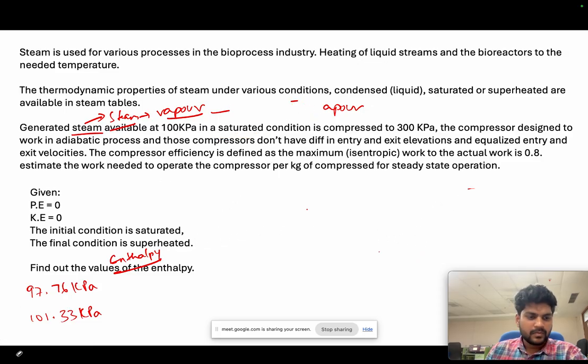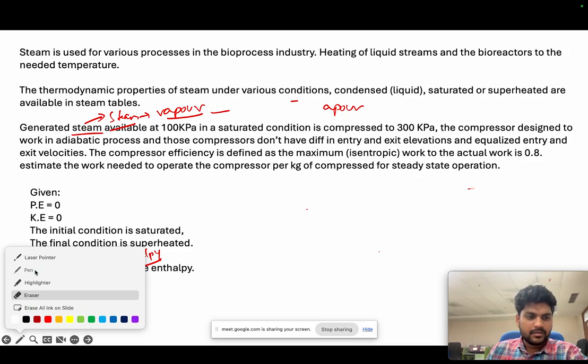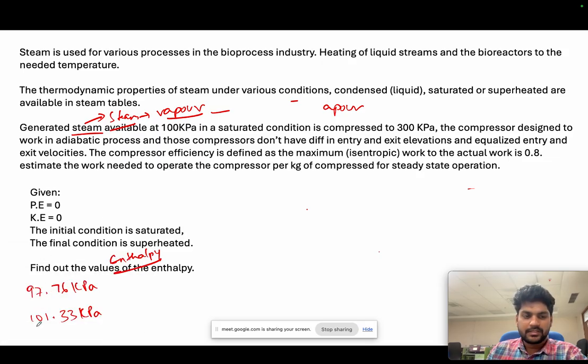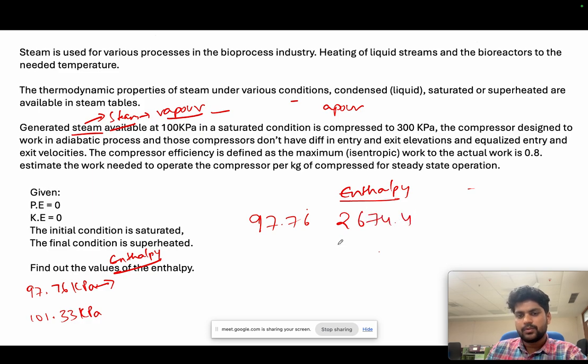Sir, it's 2674.74. One second. For what? 97.76 or 101.33? Which value are you telling? For 97.76, how much is the enthalpy? 2674.4, sir. What about 101.33 kilopascal? 2676.0.